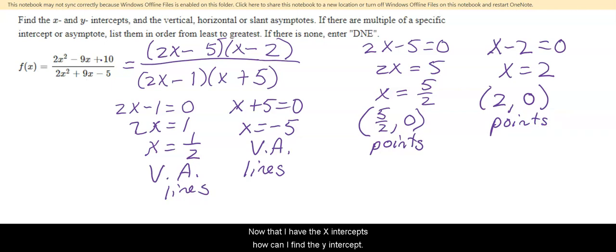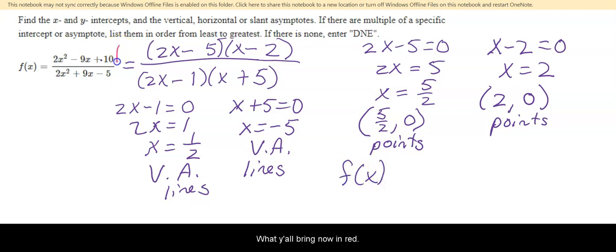Now that I have the x-intercepts, how can I find the y-intercept? To find the y, I can go to any of the forms for the fraction, and I can plug in 0 for x. This time I'm going to go to the original problem, way back over on the left, which I'll ring now in red.